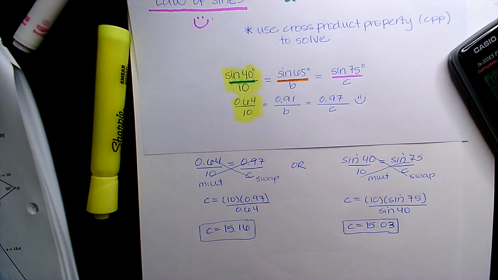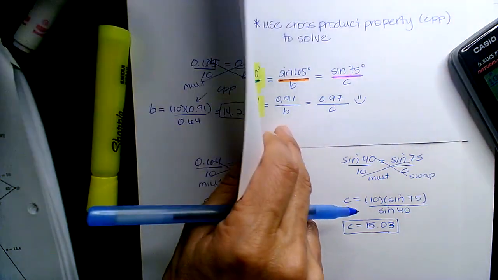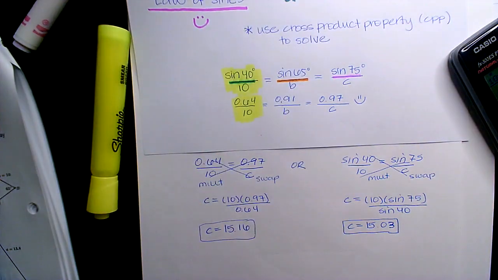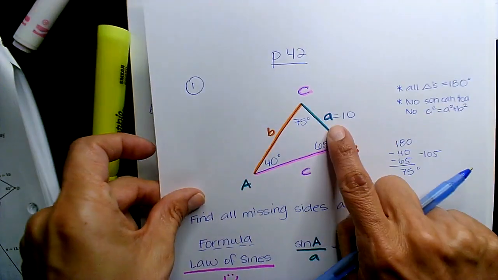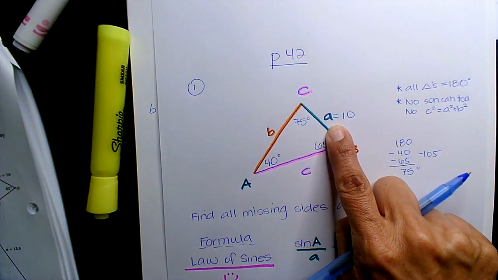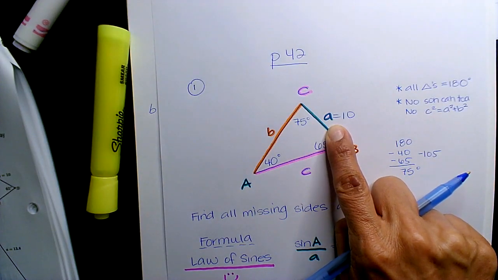So that's it. One of the angles is 75, and then B was about 14, and C was about 15, 16. A is 10, it's given in the problem.